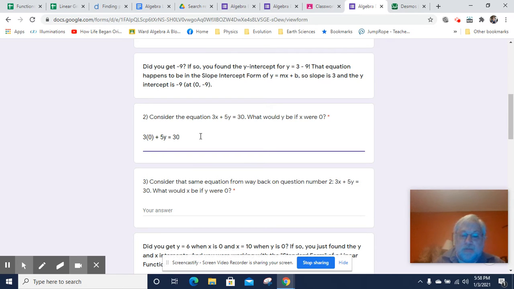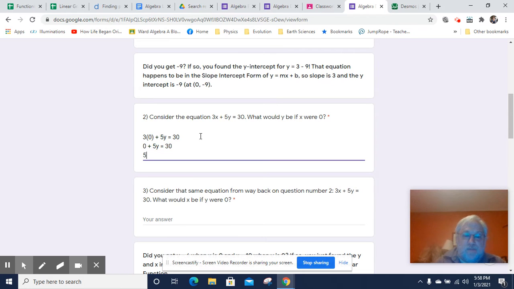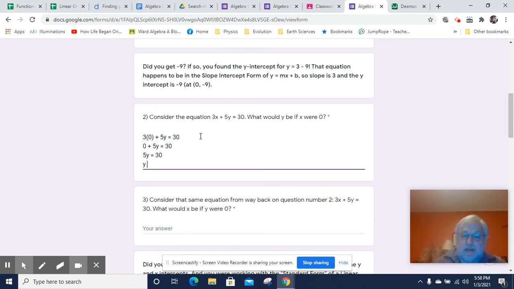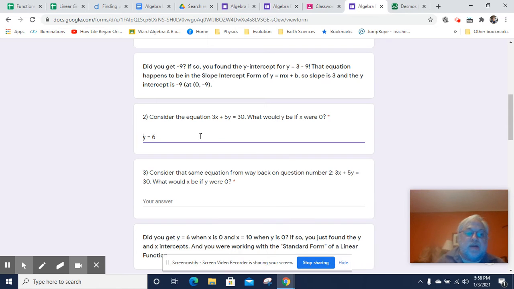So that becomes 0 plus 5y equals 30, and so 5y equals 30, so y equals 6. So the answer is y equals 6, and that means we have a point at 0, 6, because y is 6 when x is 0.